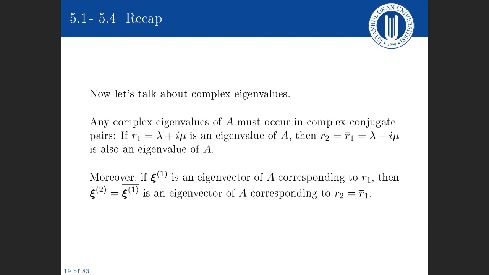In other words, if lambda plus i mu is an eigenvalue, where lambda and mu are real numbers, then the complex conjugate, lambda minus i mu, must also be an eigenvalue of A. We also know that if xi1 is an eigenvector of A, then the complex conjugate of xi1 is also an eigenvector of A.